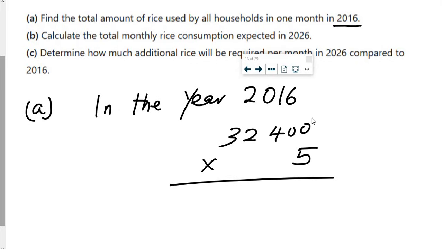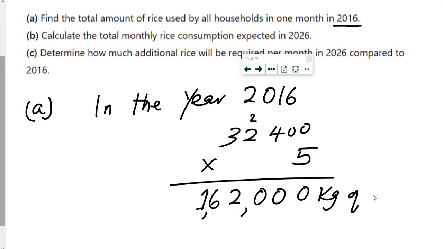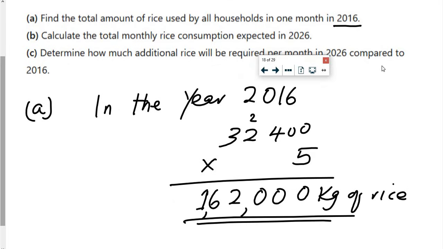Then multiply this. You're going to have 0, 0, 20, carry 2, 10, 12, 15, 16. And the answer will be 162,000 kg of rice. This is in the year 2016.